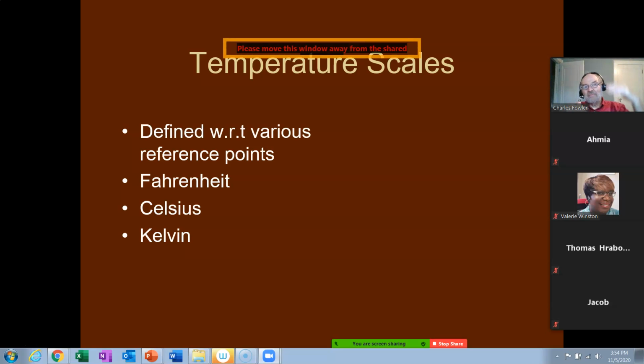He still used the upper limit as something close to body temperature. Now it's no longer something close to 108 degrees or something like that. Body temperature is now going to be something like 98.6, which is pretty close to 100. Okay, so that's the Fahrenheit scale.